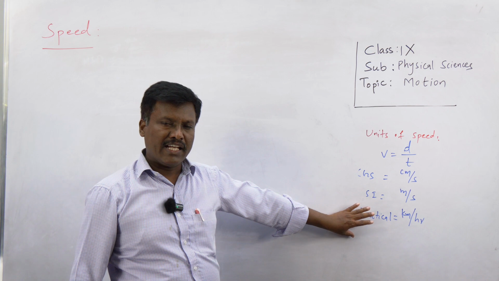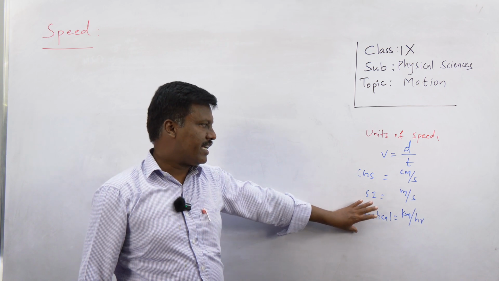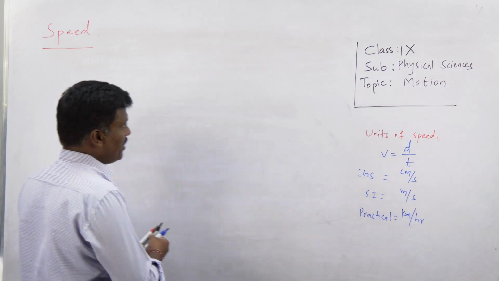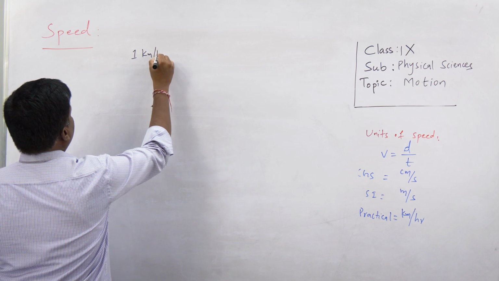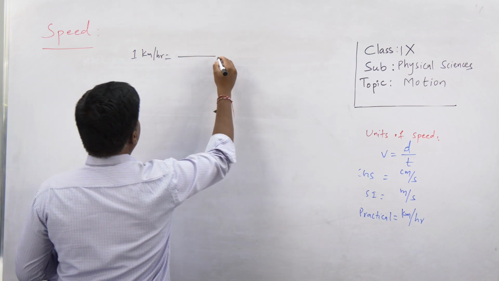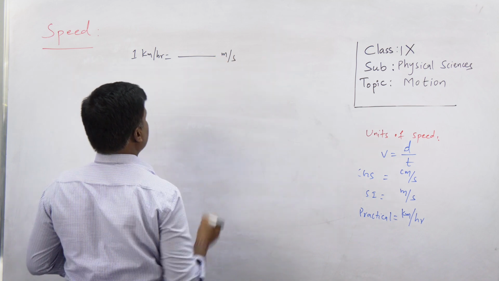If they have given kilometer per hour, we have to convert that into SI. So how to convert kilometer per hour into SI? Here, 1 kilometer per hour is equal to how many meters per second? This is the question.